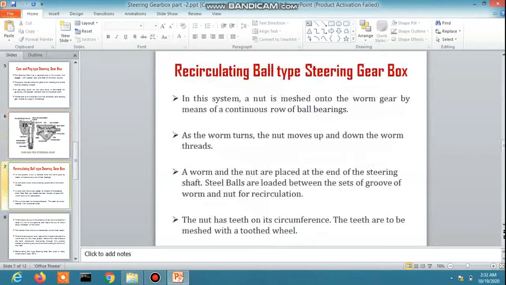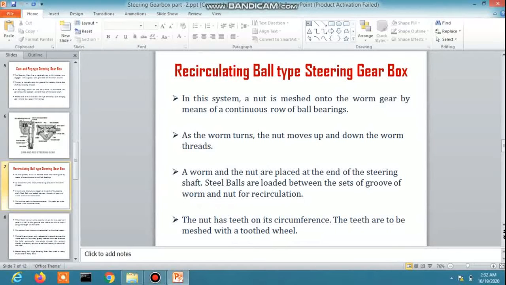Now the recirculating ball type steering gearbox. This design is similar to a worm and nut sector gear, but with many modifications. The nut used in this design no longer has a square thread, rather it is provided with coarse pitch helical grooves. The grooves are of semicircular cross section, such that the grooves cut in the worm and the nut form a circular section.